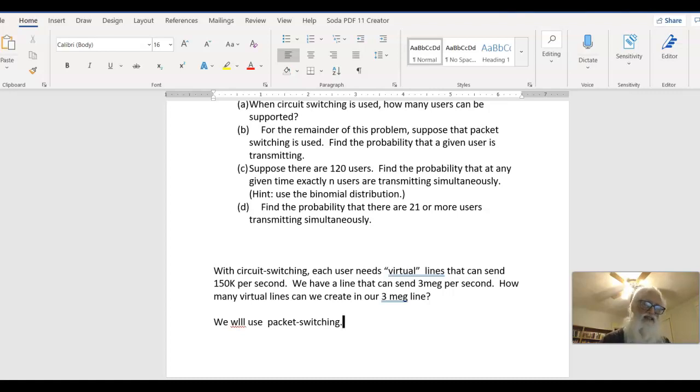That's an awful waste of the bandwidth, awful waste of how much we could send. Packet switching is going to help us fix that. Now, with packet switching, we don't have to set up the lines ahead of time. The probability that one user is transmitting is 1/10.